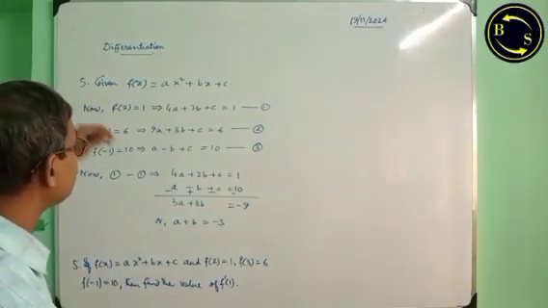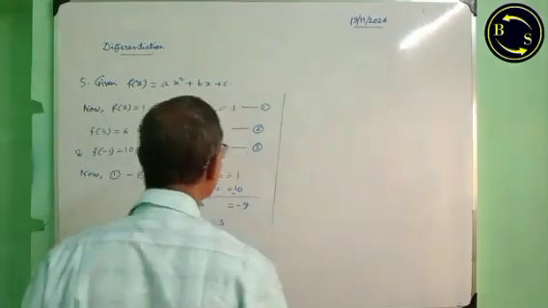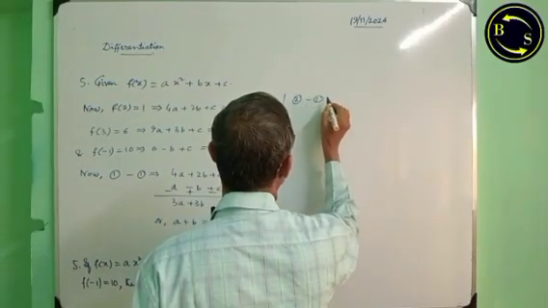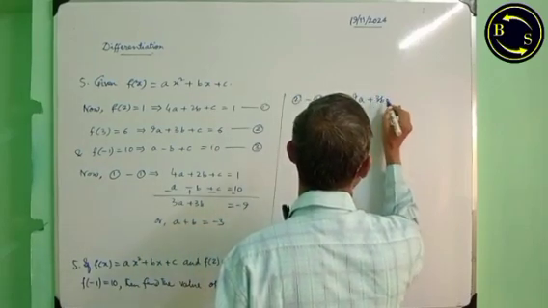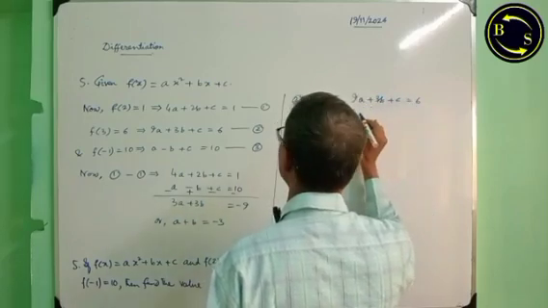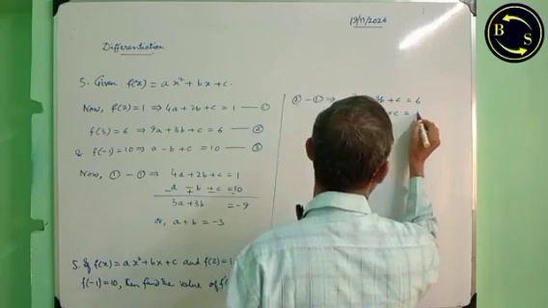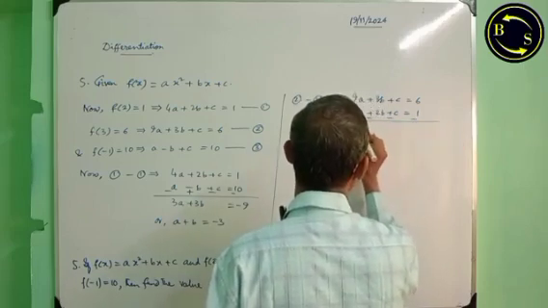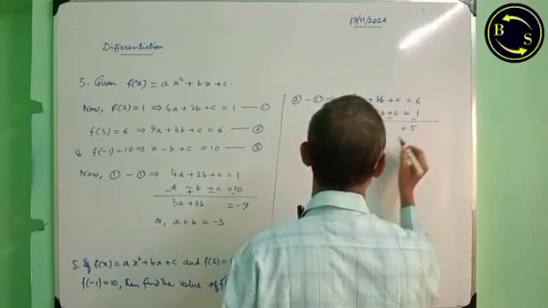Next we take these two, 1 and 2, equation 2 minus 1: 9a plus 3b plus c is equal to 6, 4a plus 2b plus c equal to 1, gives 5a plus b is equal to 5.